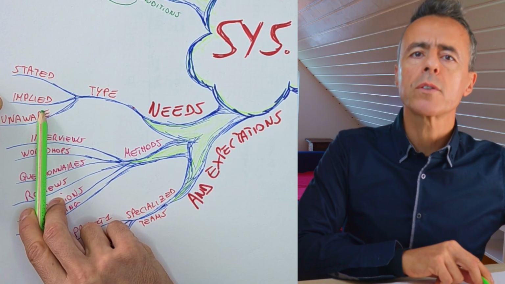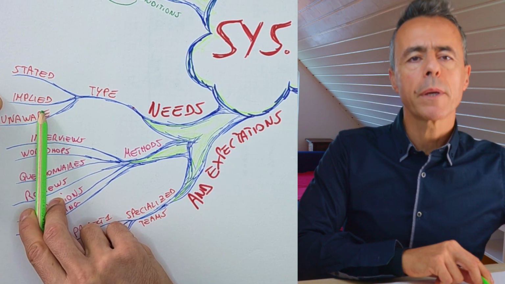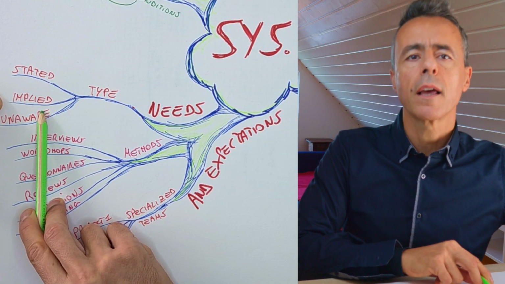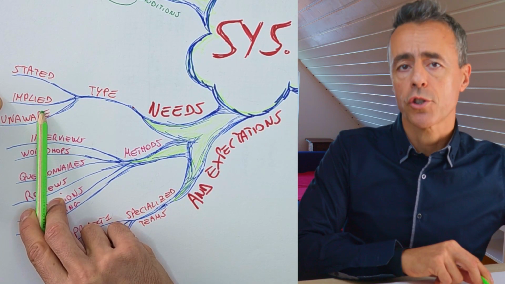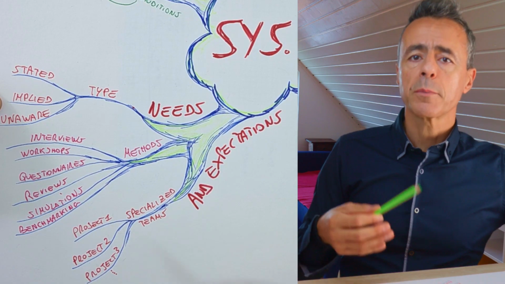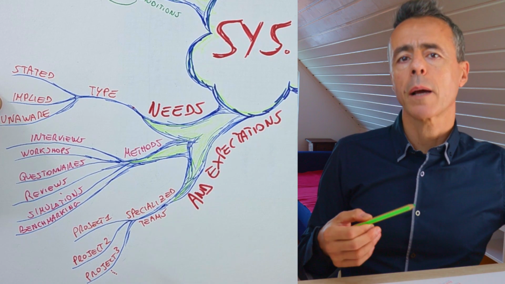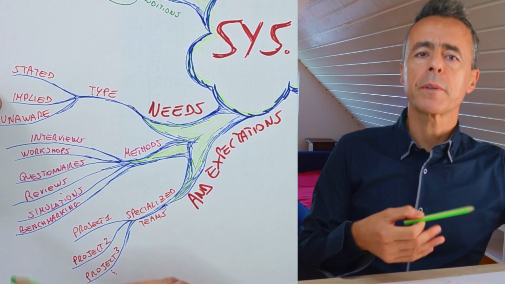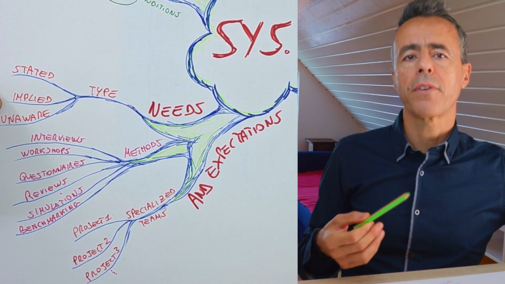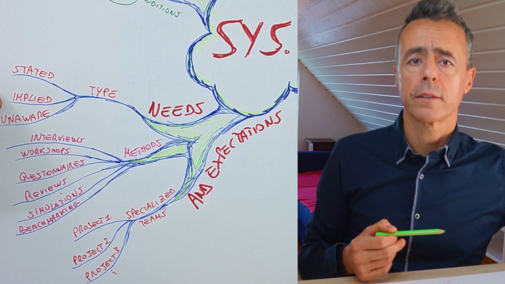Implied needs are not directly expressed, but they can be logically derived from the context, standards, or domain knowledge. For example, if a customer specifies that the ECU shall support over-the-air updates, it's implied that cybersecurity protection and rollback functionality will also be required.